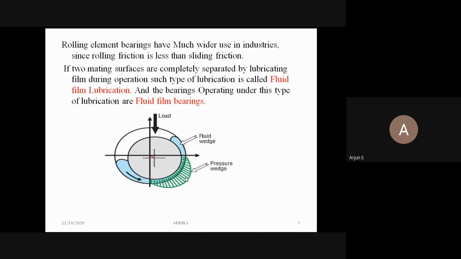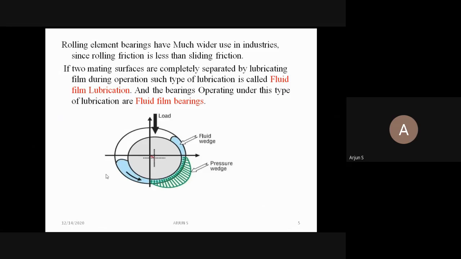These fluid film bearings are lubricated by the hydrodynamic flow, which is generated by the relative surfaces in motion, or because of external pressurization.